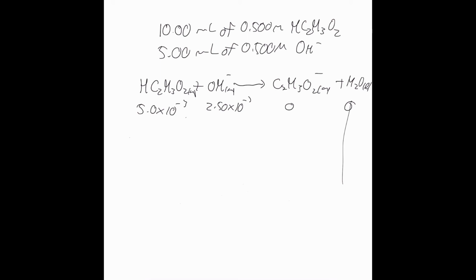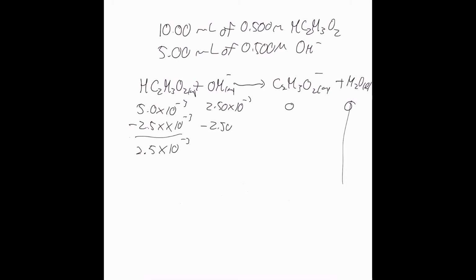I've got the reaction set up, our stoichiometric reaction. We have our number of moles initially. Now we have a different limiting reactant. So it's going to be the hydroxide that's going to be limiting. So this is going to be 2.5 times 10 to the minus 3.